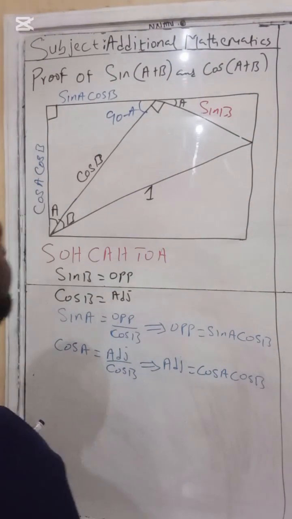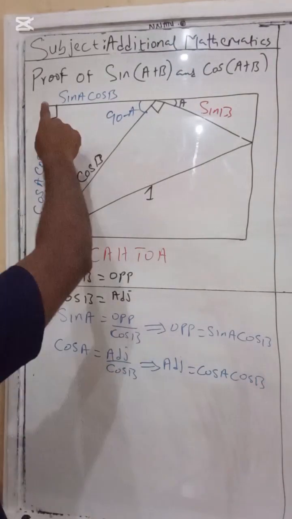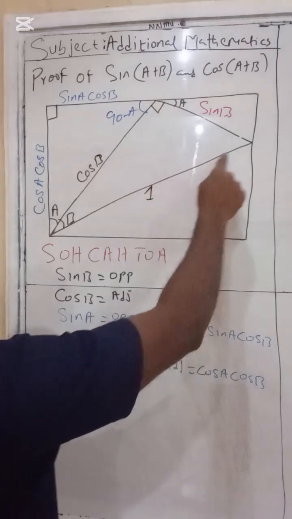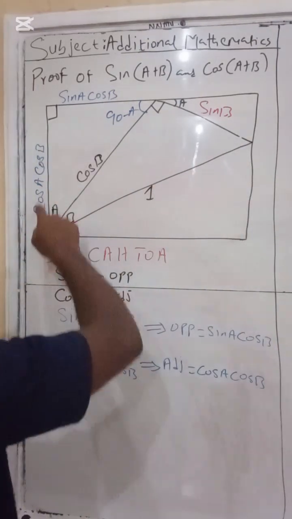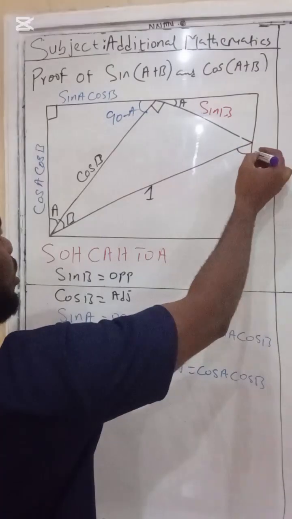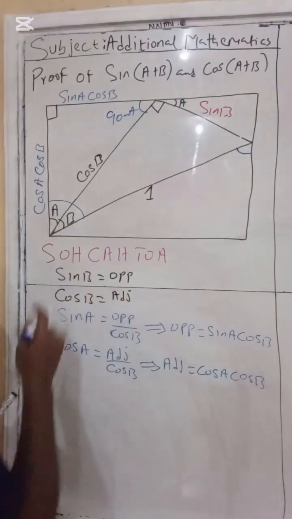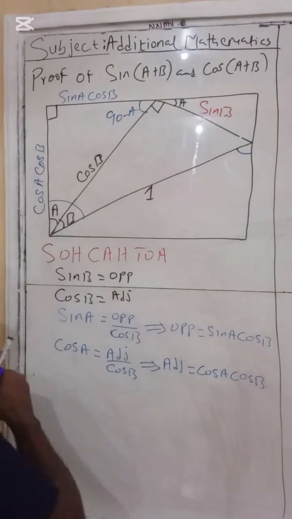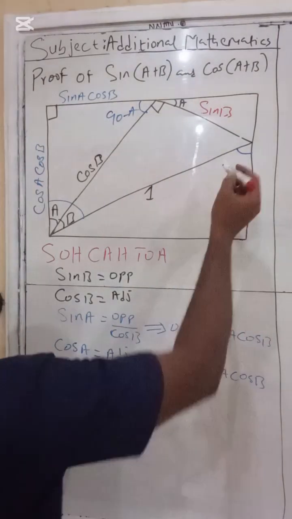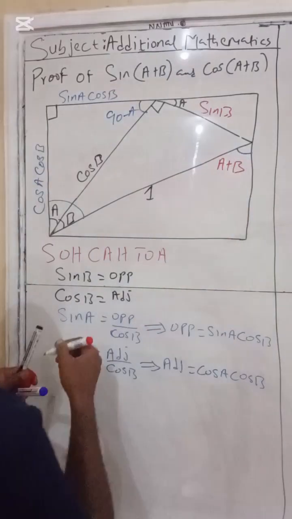So now, again, you see that looking at this, here alternates to here. So alternate angles are equal. That means the angle here is A plus B because of alternate angles.